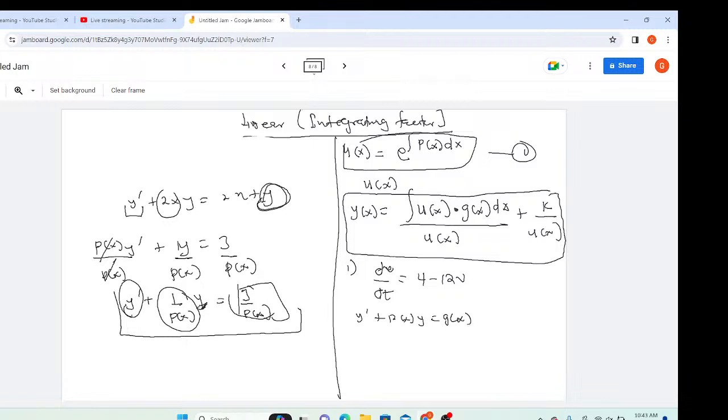Now what we have here is v, so we can say the same thing: v prime plus p of t v equals g of t, because now t is our independent variable. We know that dv over dt is actually v prime. We can bring our 12v here: v prime plus 12v equals 4. We have v prime alone.